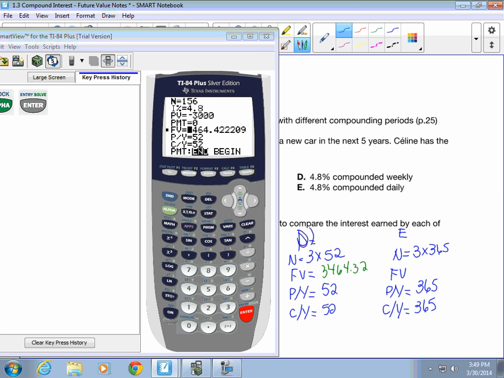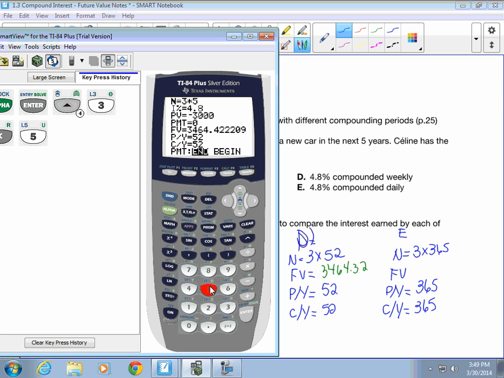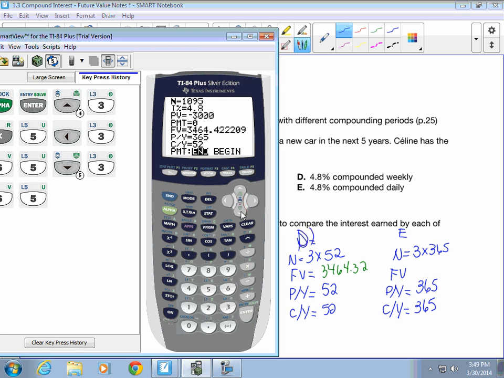So up at the top, 3 times 365, 4.8, same down here. PY is 365, CY 365. Changed it automatically. I don't know if it did it the other times.